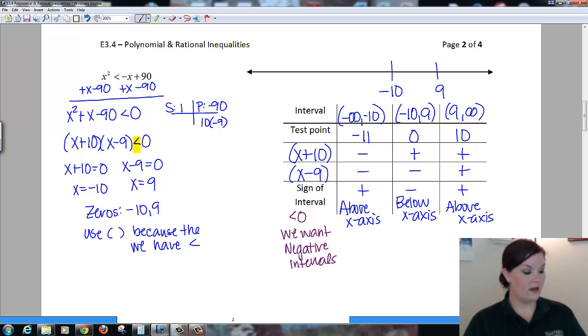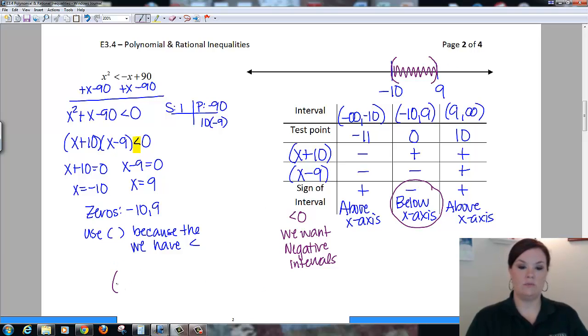The only one I have here that is below the x-axis is this one. So my solution is between negative 10 and 9. Again, it's a strict inequality, so we're using parentheses. We're not including the negative 10. We're not including the 9. So my solution here would be from negative 10 with a parenthesis to 9 with a parenthesis.